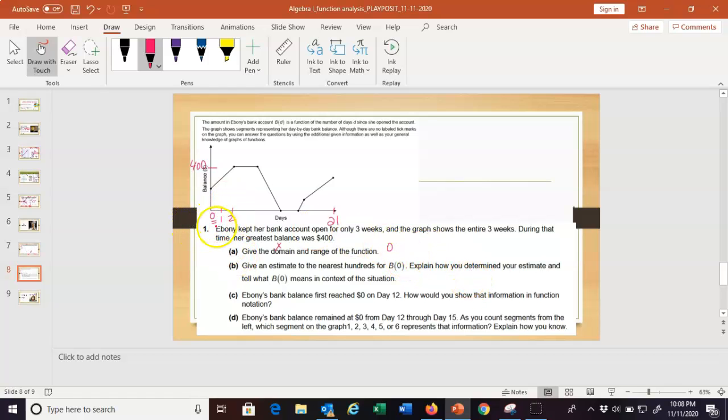Like 0 time. When I first opened that account, no time has passed. I'm just there. I'm in the office. Clock is starting at 0. I give the guy a certain amount of money, or girl, and it's 0. All right, and then where does it stop? We know that our domain is the number of days, and the greatest it can be is 21. Both of those are going to be brackets because we have some filled in circles at both places.